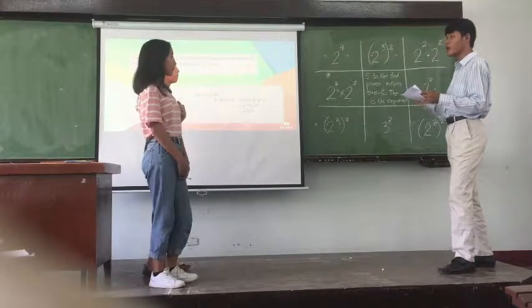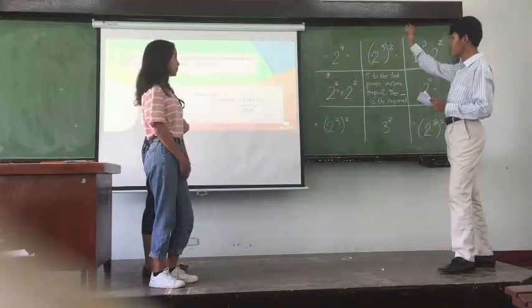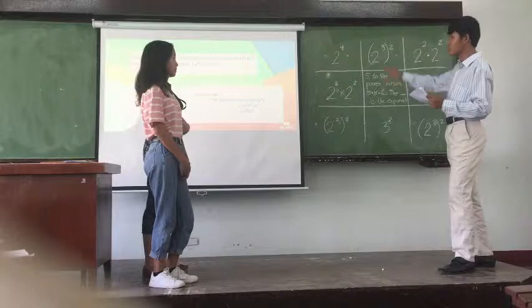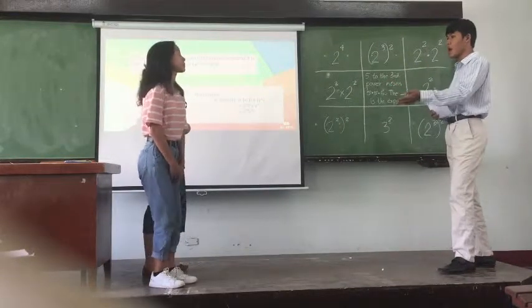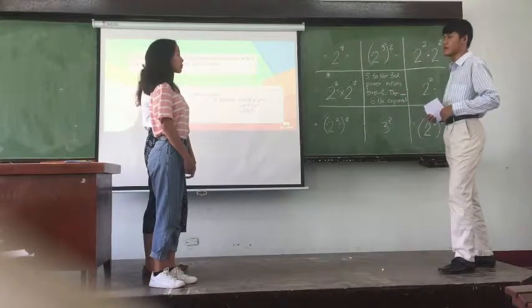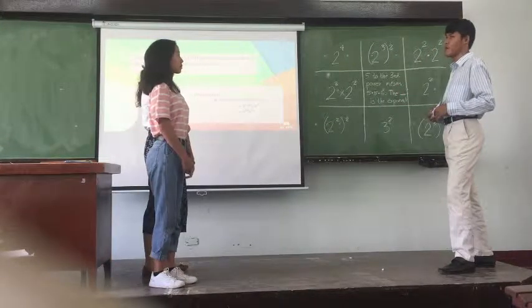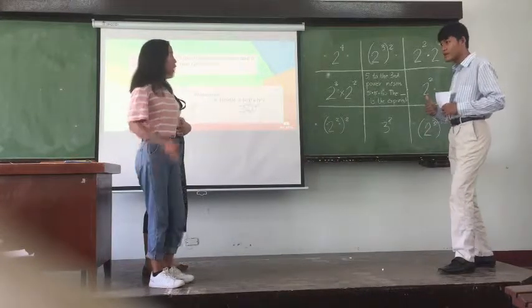The first player to get 3 marks in a row, up, down, across, or diagonally, will be the winner. For every part, there is a time limit of 10 seconds. Okay, so are you ready?